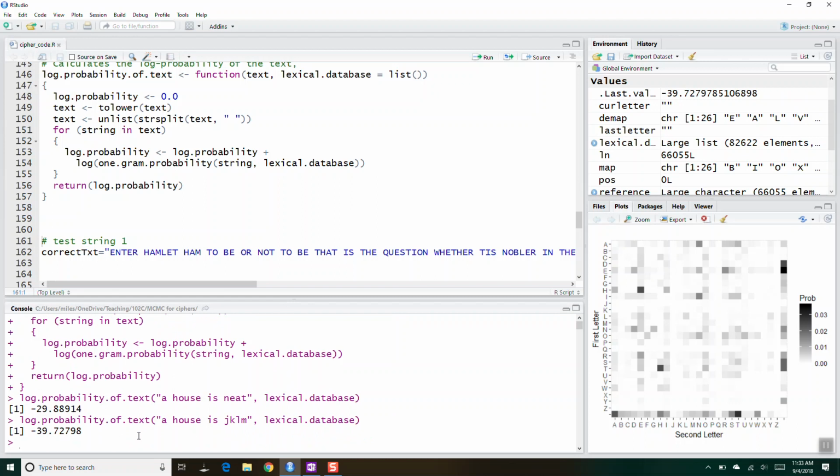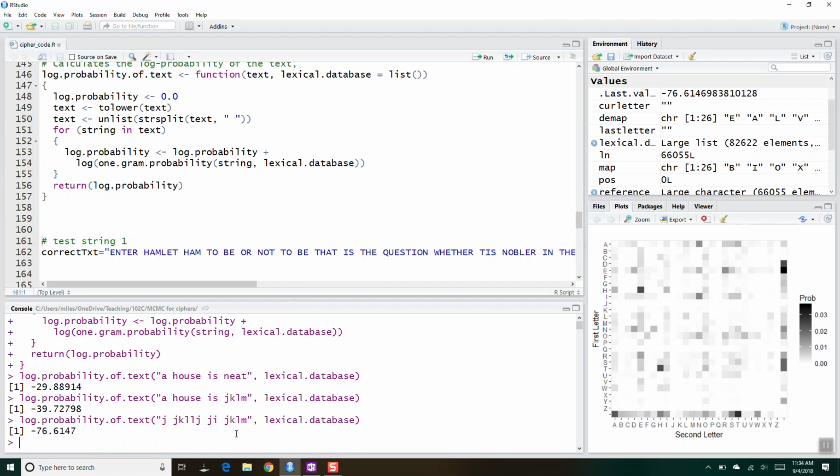So it can tell us that this sequence is much more likely than this one, because this is what we have, right? And then meanwhile, if I have just all gibberish, that has an even lower log probability, okay, which makes sense.